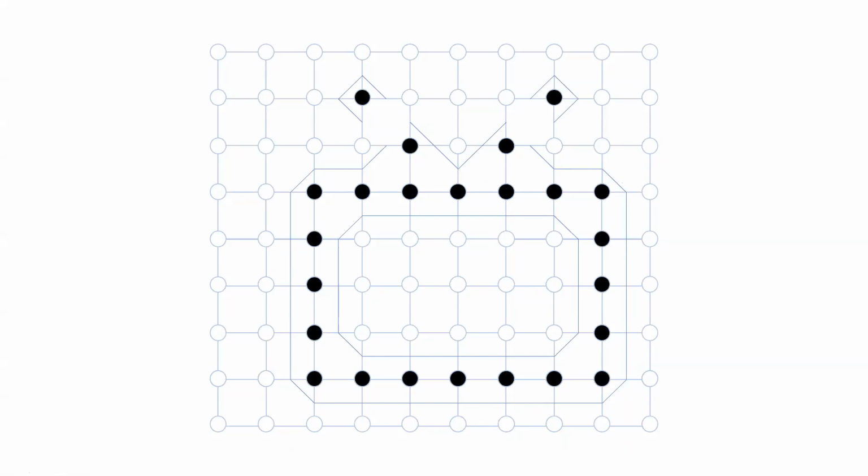And for those voxels, I can have more than one configuration. For example, these two black dots are inside, right? And the two white dots are outside. I can do it like this, which is a valid configuration. And I can also do it like this. Both of them are valid.